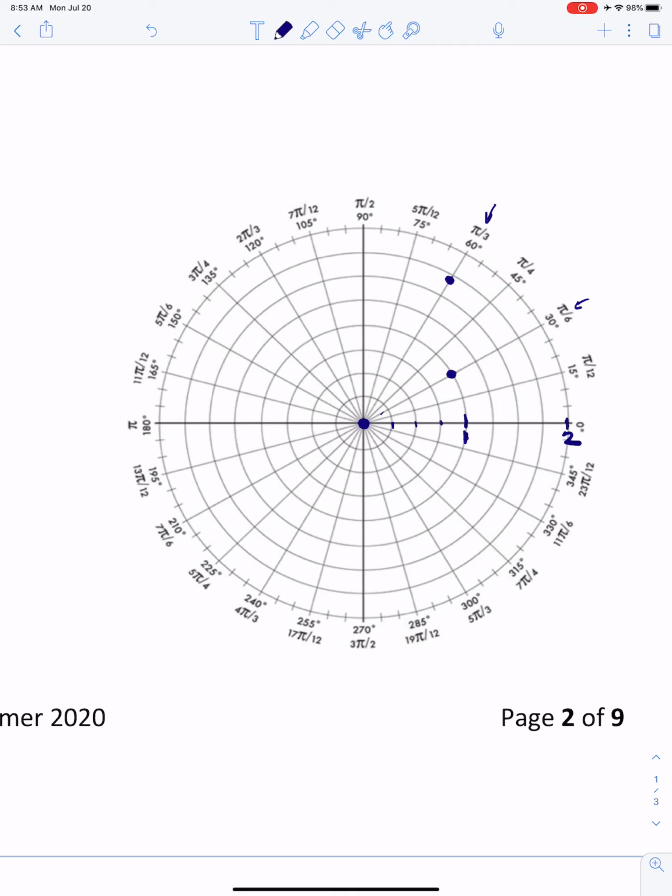At pi over 2, we're at 2. 2 pi over 3, we're back at 1.73. 5 pi over 6, I'm back at 1. And at pi over here, I'm back at 0. 7 pi over 6, it's a negative 1. So I'm not going this direction. I've got to go the opposite direction along the negative, and it puts me right back here.